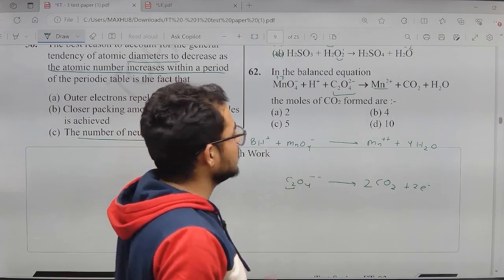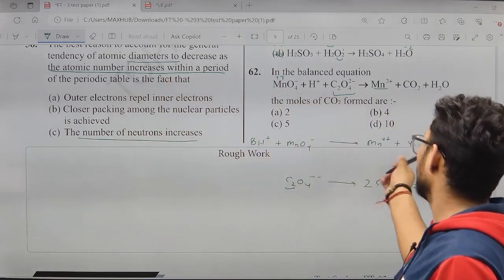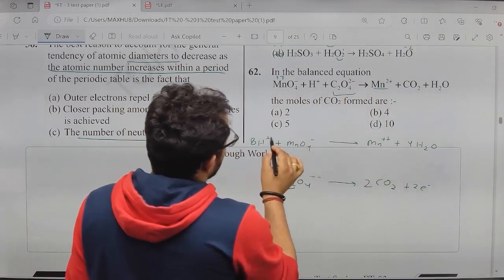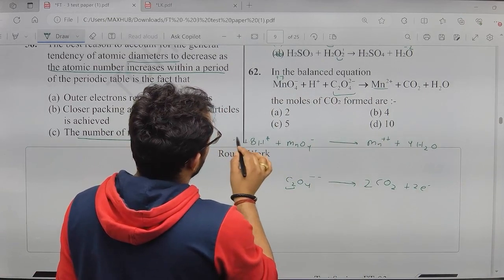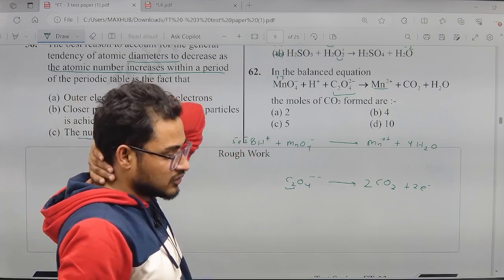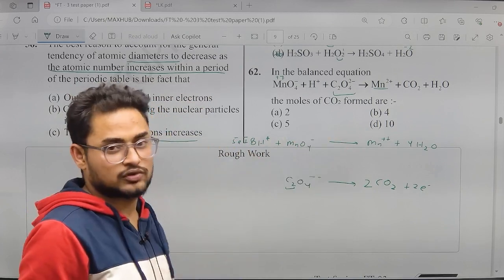So hydrogen 8, Mn 1, 1, oxygen 4, 4, but is the charge the same or not? 8 plus -1, so there is +7 charge, and +2 charge on the other side, so I will have to add 5 electrons here, so that in the first reaction also there will be equal charge, that is +2 charge on the left-hand side, +2 charge on the right-hand side.